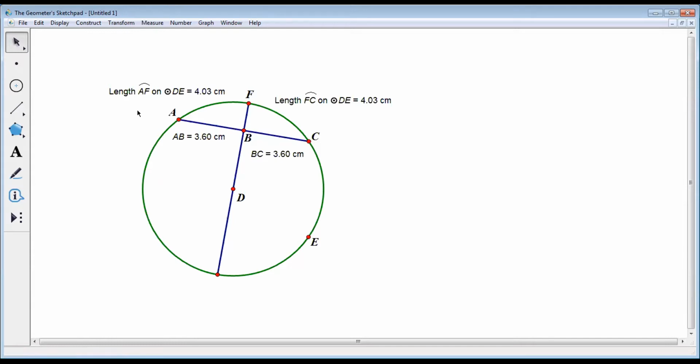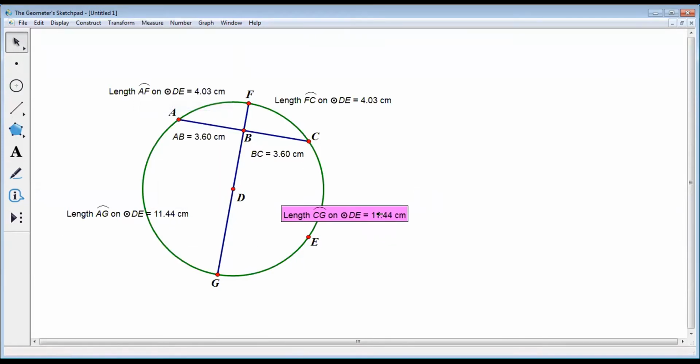Or the chord, it should be singular, and its arcs. So why is arcs plural? Well, AF is congruent to FC, but couldn't I also look at this arc and this arc? Wouldn't those also be congruent? Well, let me take a look. If I go from there to there, measure this arc length, the length of arc AG is 11.44. Let's measure this arc length.